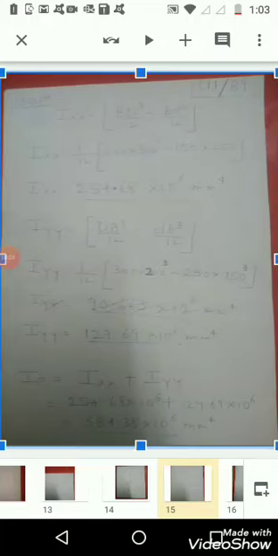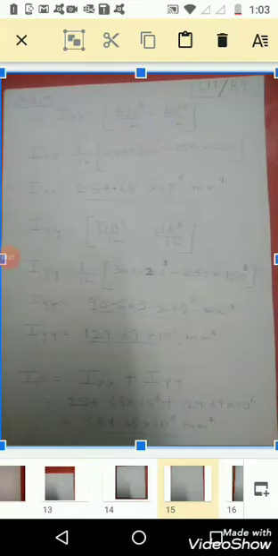By substituting the values of B and D, we get Ixx is equal to 1 divided by 12 in bracket 200 into 300 cube minus 150 into 250 cube. So Ixx is equal to 254.68 into 10 raised to 6 mm raised to 4.